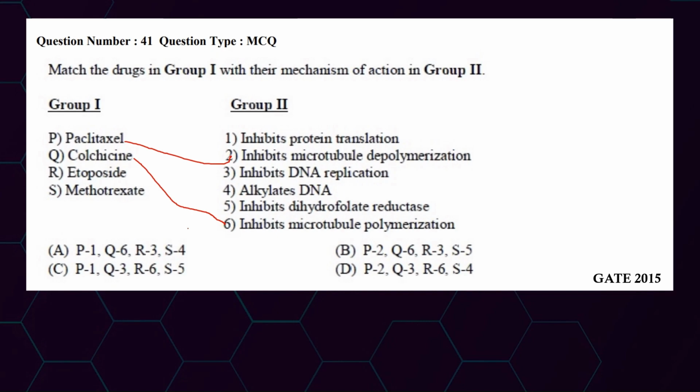For etoposide, it inhibits DNA replication, so R3. And for methotrexate, it inhibits dihydrofolate reductase. So the answer is B.